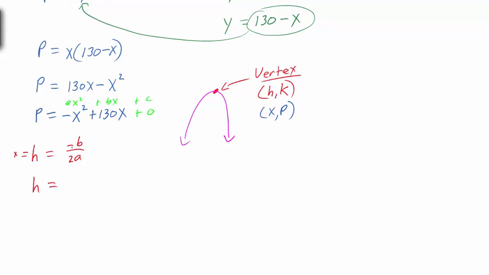So if we take a negative b, that's going to be a negative 130 divided by 2 times a, which is a negative 1. So therefore, h is equal to a negative 130 divided by a negative 2. Well, a negative divided by a negative is going to give us a positive 65. So over here, we know that we're going to have 65 as our h. Okay.